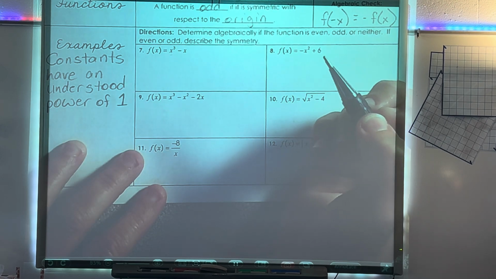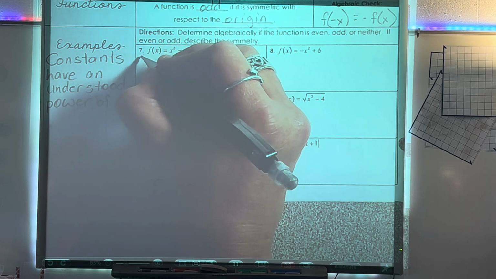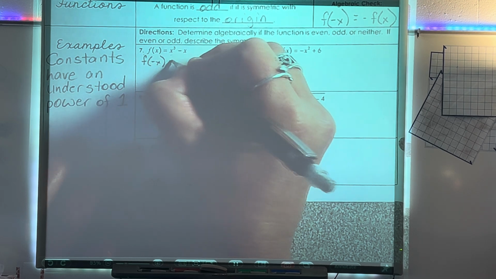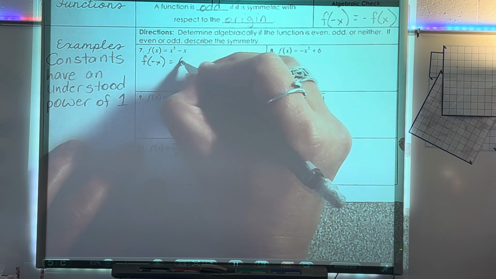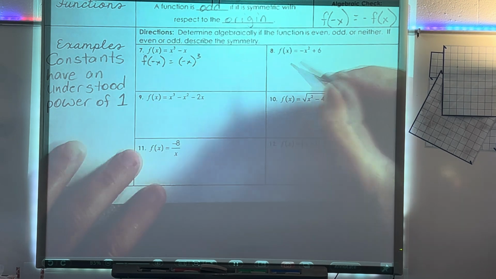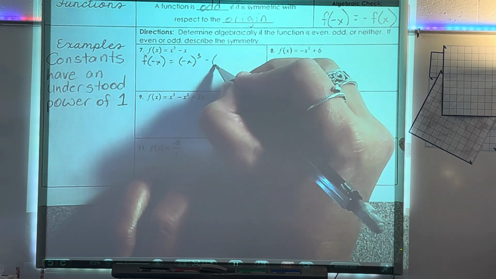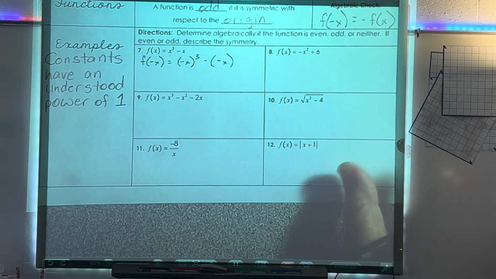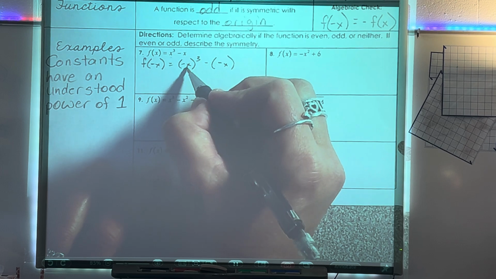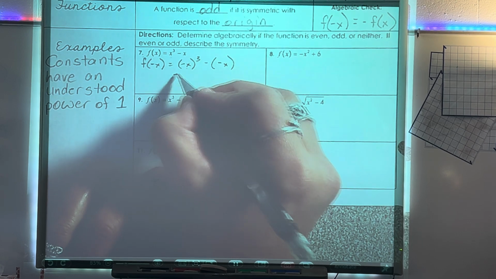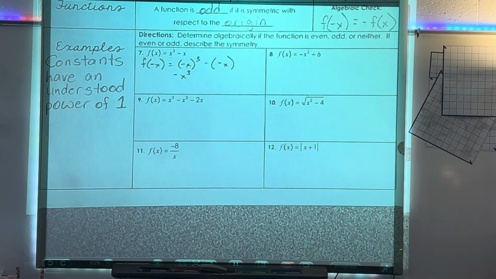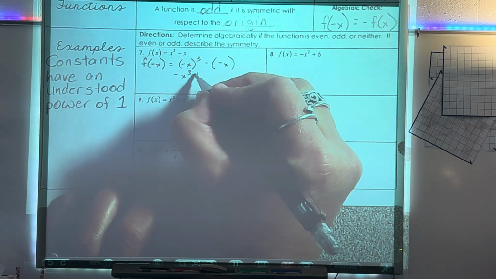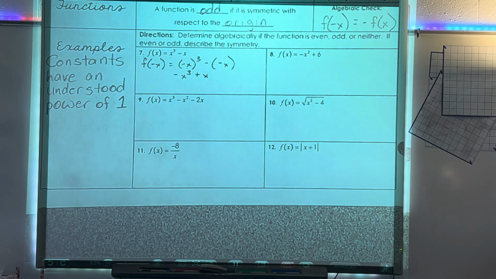I need to prove that. So f of negative x is equal to, I'm going to replace this x with a negative x. I'm going to put my 3 on the outside, minus a negative x here. So this becomes negative x cubed, because negative, negative, negative is still negative. This becomes positive x.